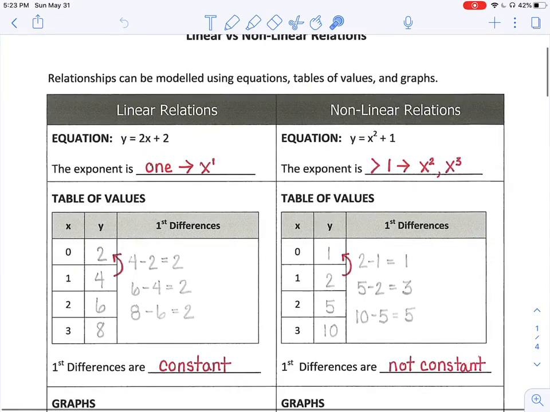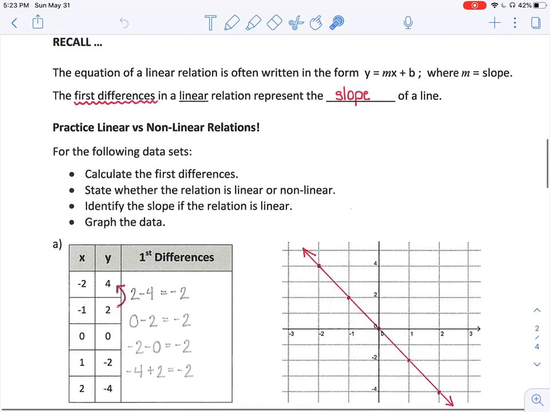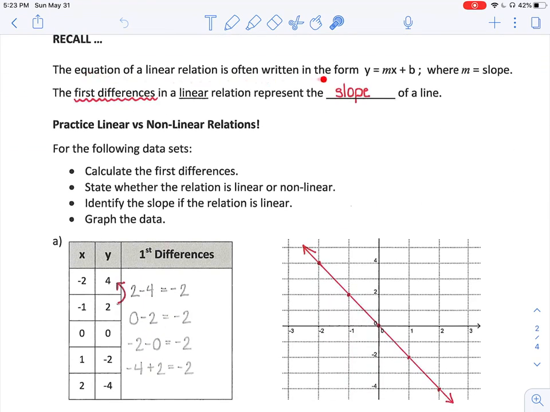Quick recall, the equation of a linear relation is y equals mx plus b, where m is the slope. First differences in a linear relation represent the slope of the line. So when x is -2 and y is 4, x is -1, y is 2, we can calculate the first differences, and we end up getting the same, constant first differences, otherwise known as the slope.